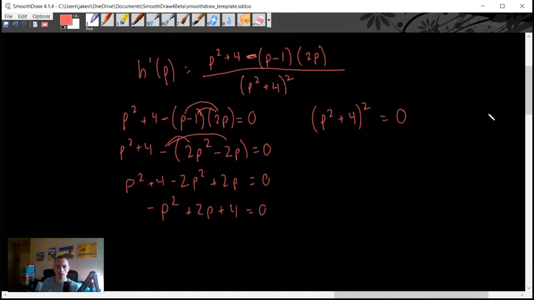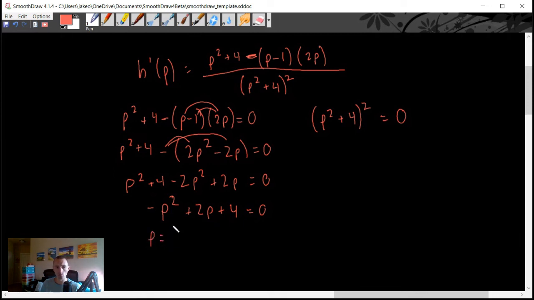And then we would want to see if we can factor this out, which I don't think we're going to be able to factor. It's not going to factor nicely in this case. So what we can do is use the quadratic equation.